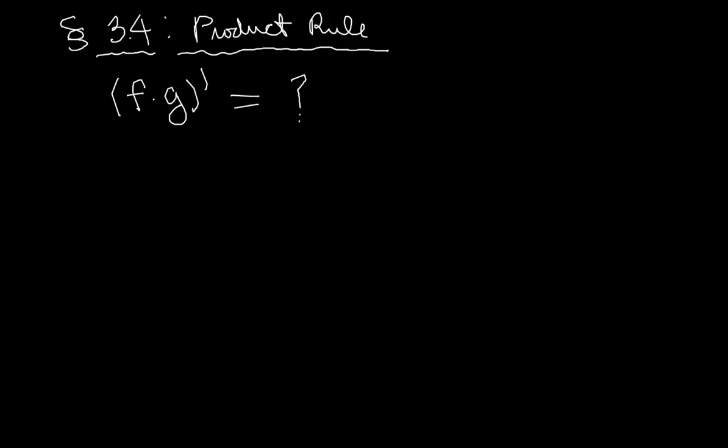If I take f and g, two functions, I want to take the derivative of the product, what's it going to be? One might first remember what the derivative of f plus g would be if you just took the sum of two functions. And, well, that was pretty easy. It's just f prime plus g prime.